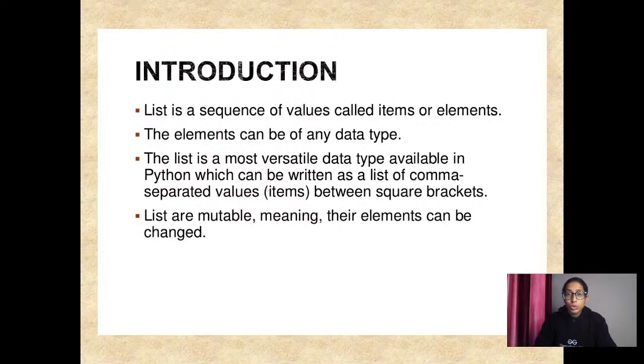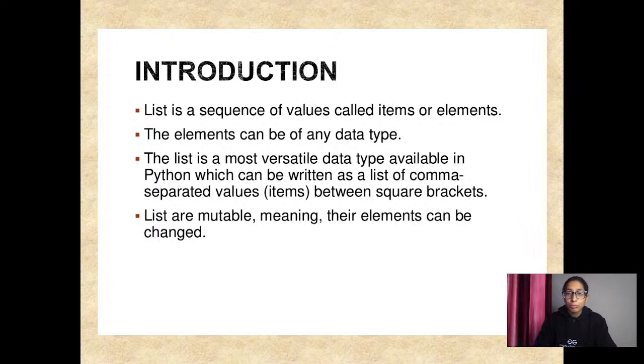The list is the most versatile data type available in Python, which can be written as a list of comma separated values between square brackets. So remember one thing, whenever we write a list, we separate the elements with commas, and all the elements should be in between square brackets.